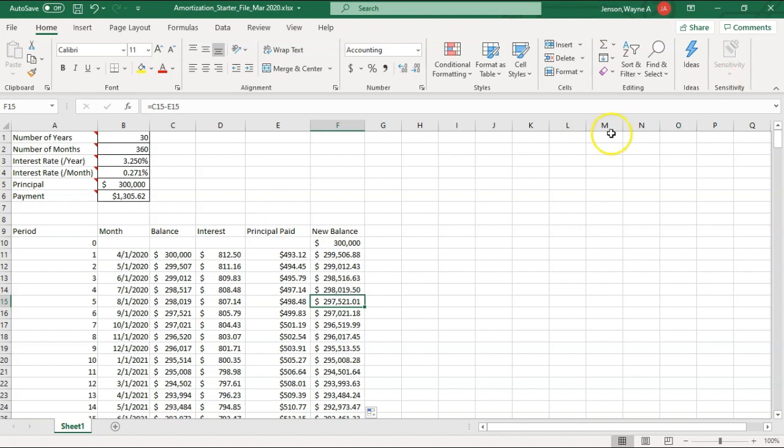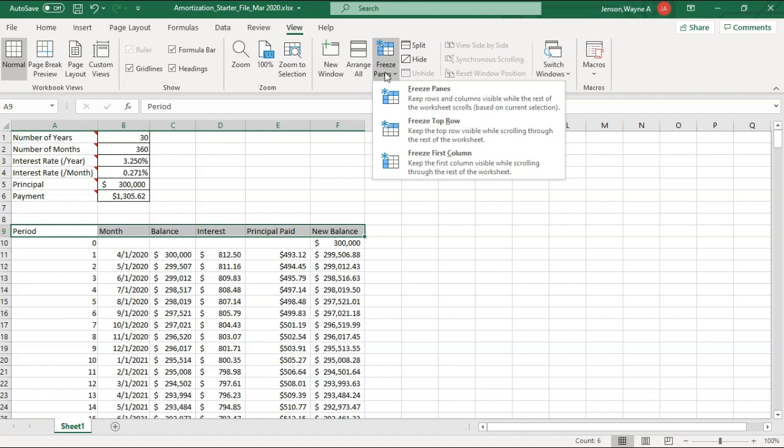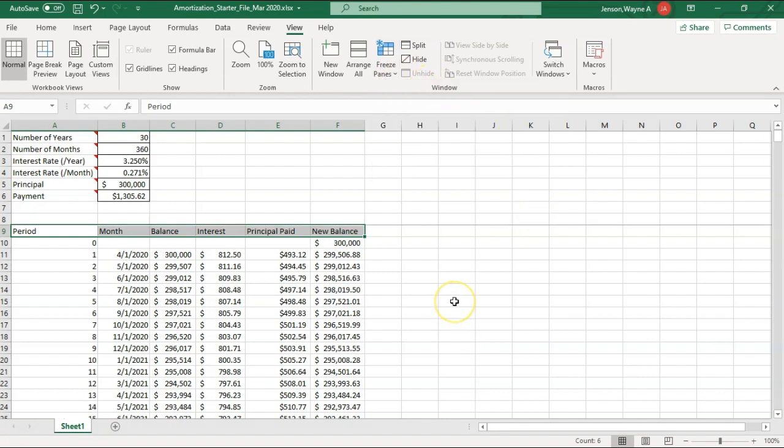So one thing we might want to do, though, is take this row here, the range A9 through F9, and go up here to the View tab and click on Freeze Panes. So let's go ahead and click on Freeze Panes.